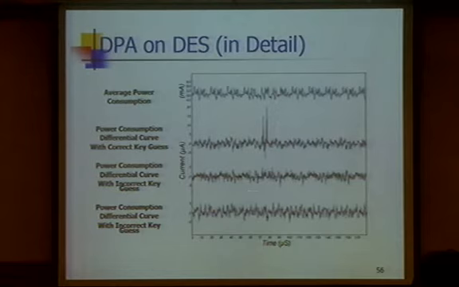Like this. When we can find some spikes in the difference curve, the power consumption differential curve, this means that our guess is correct. But if we cannot find any spikes, then our guess is incorrect.